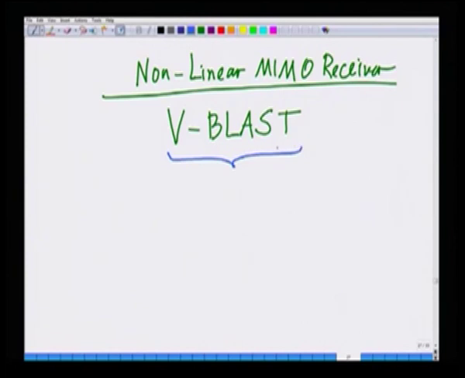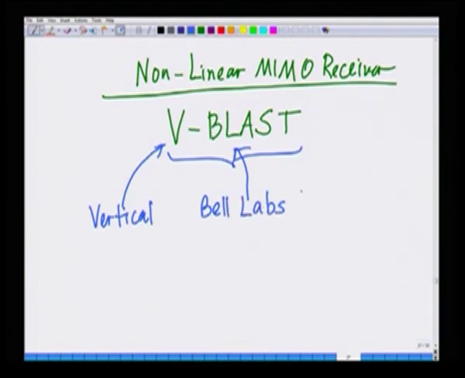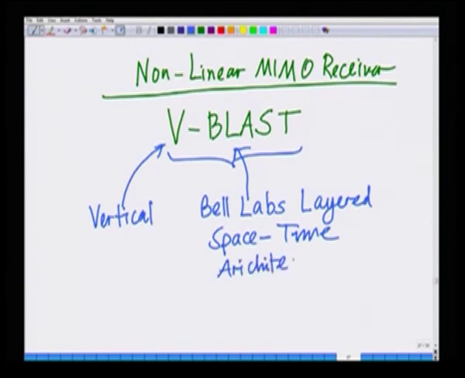blast. V stands for vertical and BLAST stands for Bell Labs layered space time architecture.